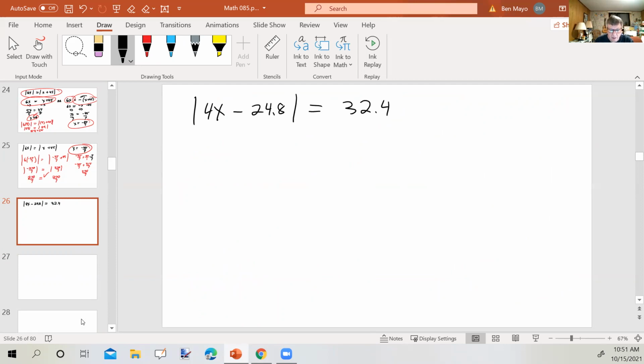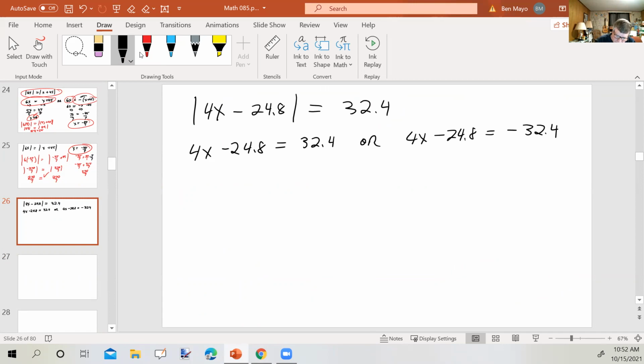So we have an isolated absolute value equals a positive number. So we're going to get two possibilities. 4x minus 24.8 equals 32.4, or 4x minus 24.8 equals the opposite of 32.4.